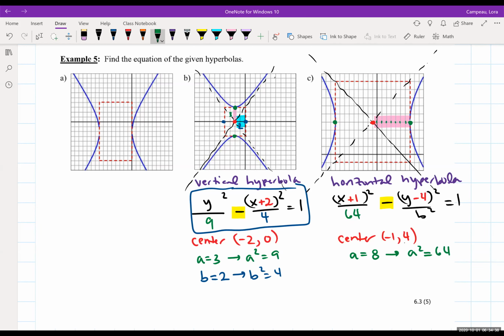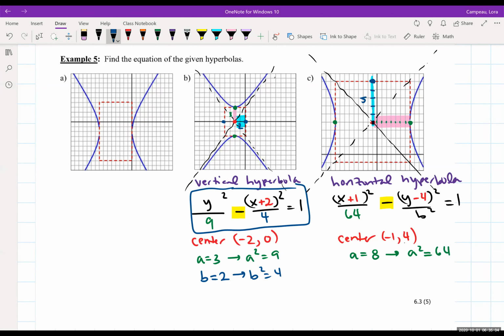And because we know how tall the box is, we get the b term, or the b squared, by the distance from the center to the top of the box, or the bottom of the box, depending on how you go. So we can count what that distance is, 1, 2, 3, 4, and 5. And in both directions, it is the same.